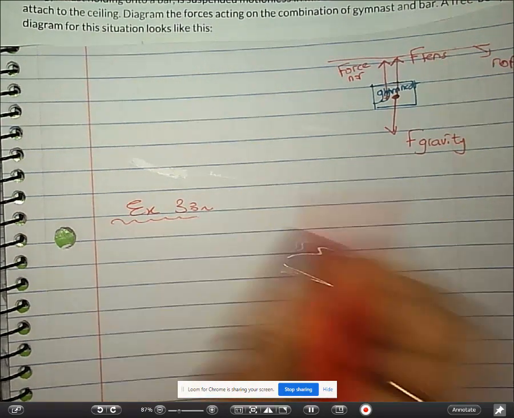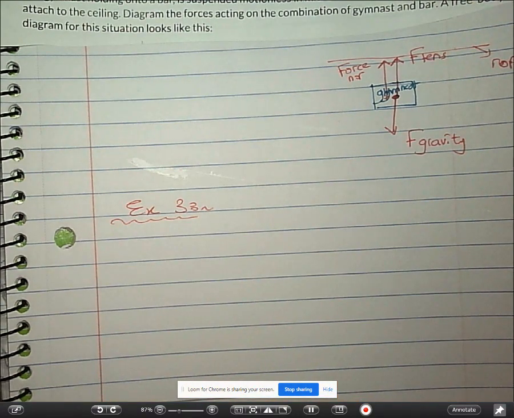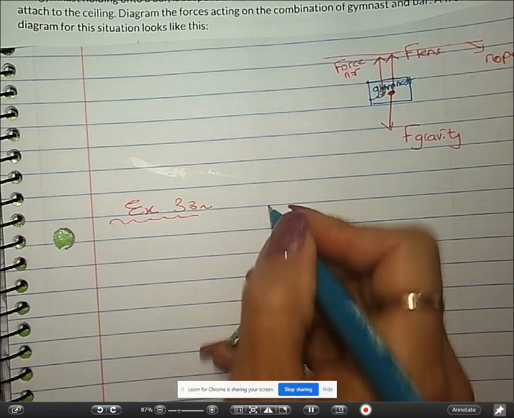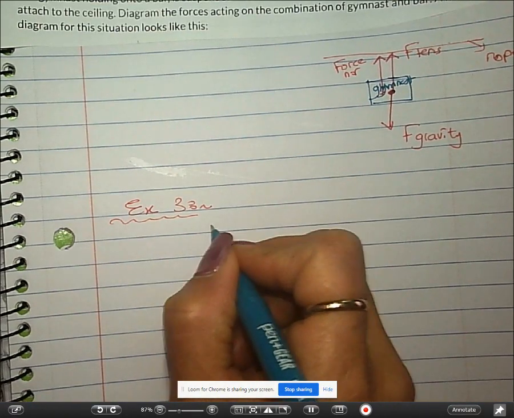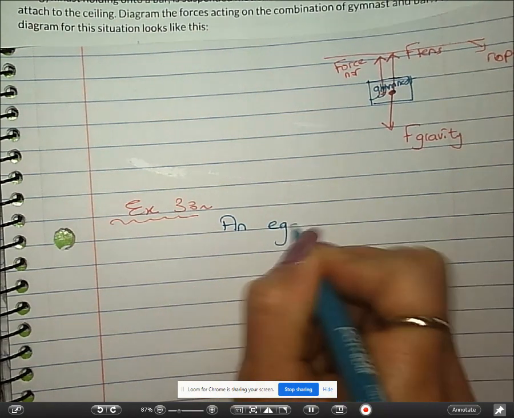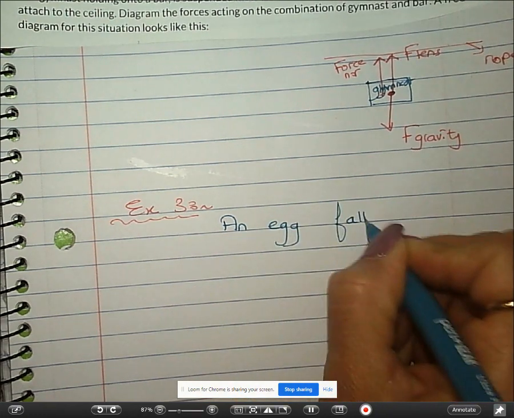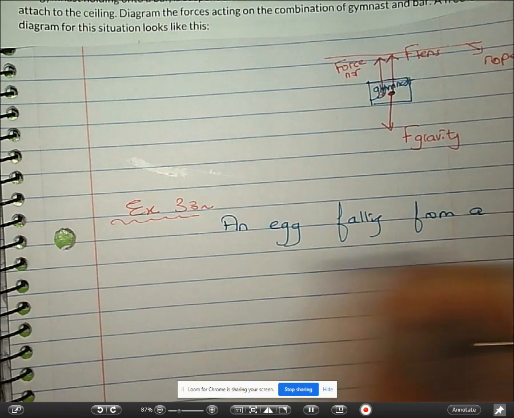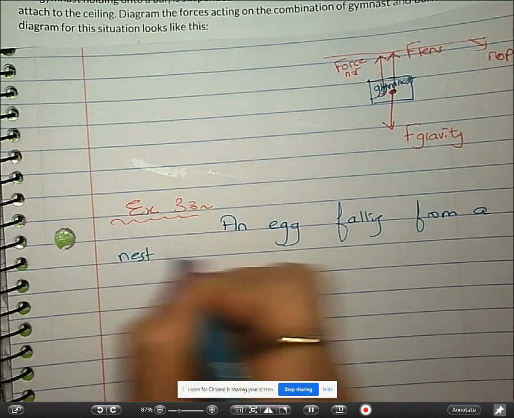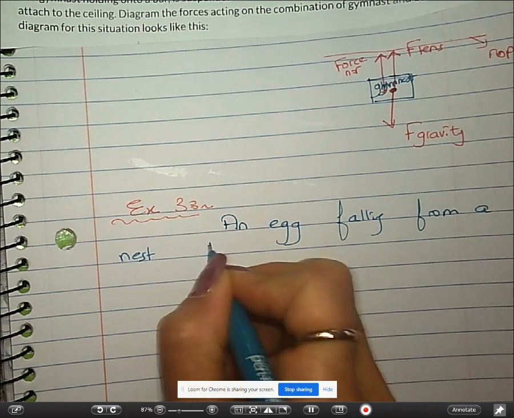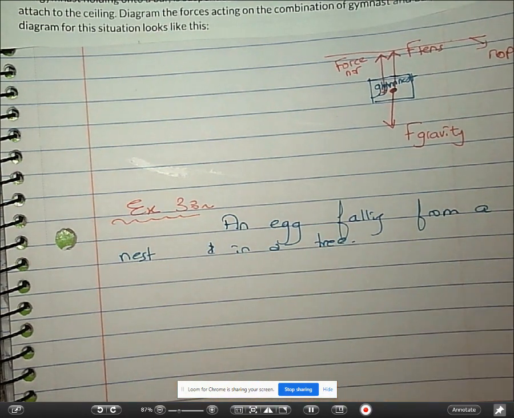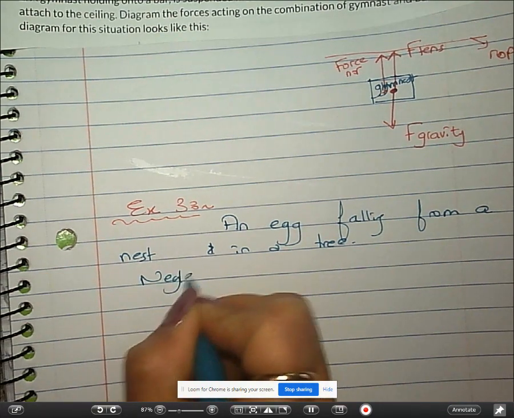What do we have for example 3? We have an egg that is free falling from a nest in a tree. So we have an egg falling. Can you now imagine the forces without me doing it? Neglect air resistance, because you know that there will be air resistance.